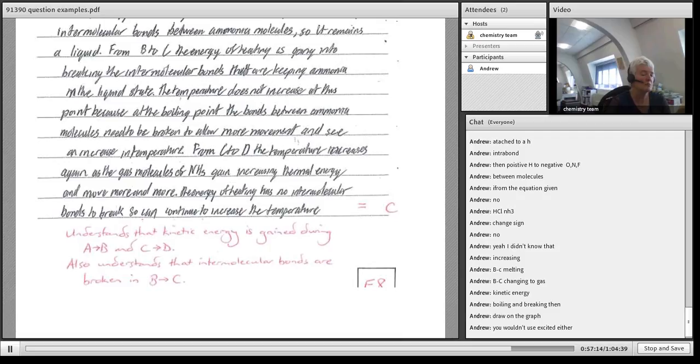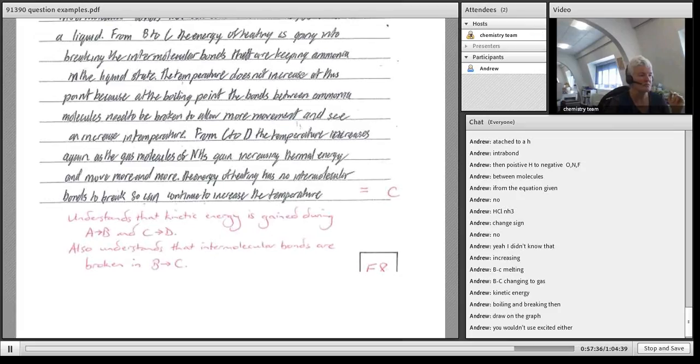That is a term that chemists use about electrons getting excited, but rather just talk about the molecules getting more energy. And as I say, the comment for this was that you understood that kinetic energy was related when the temperature increased, and that when the temperature stayed the same, that bonds were being broken. So what we said before, so I'm not going to go in more depth there.